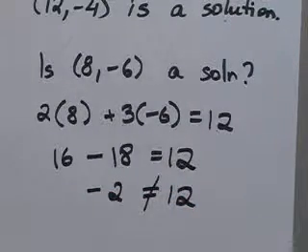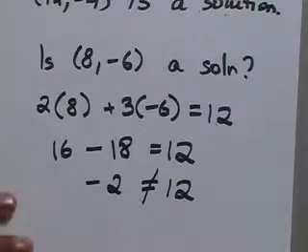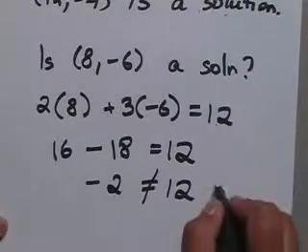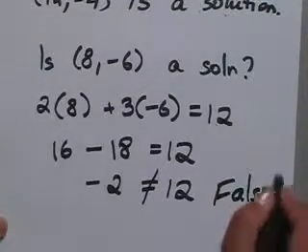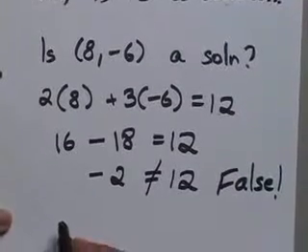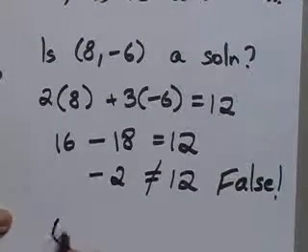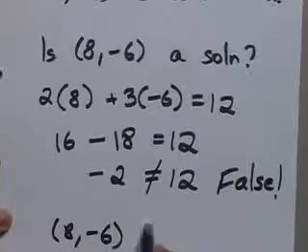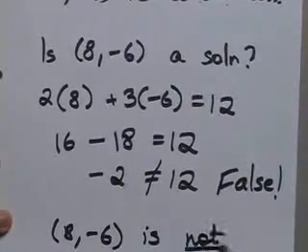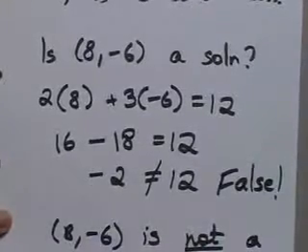And you will see that we end up with negative 2 equals 12. And of course, that is not a true statement. It's a false statement, and that tells us that the ordered pair 8, negative 6 is not a solution for our given equation.